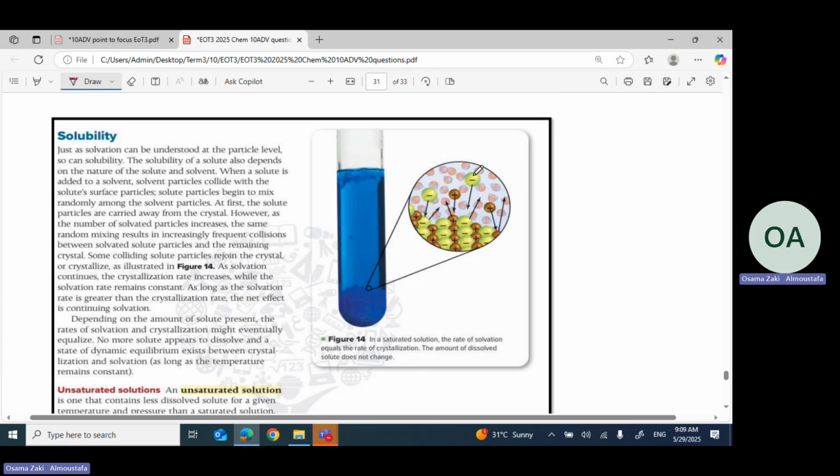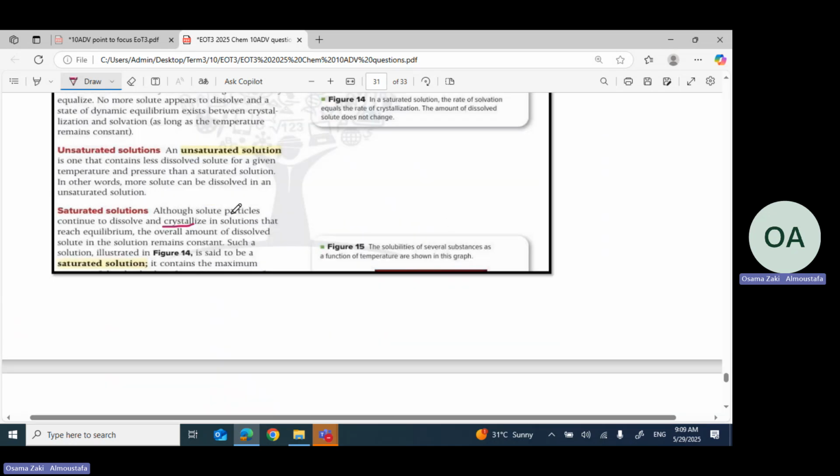Crystallization is when these ions get back to the cube. If you reach the maximum, when crystallization and solvation are in equilibrium, you can say this is a saturated solution.